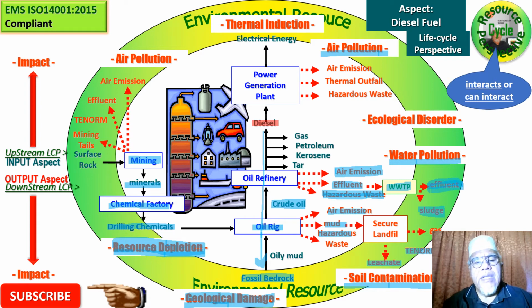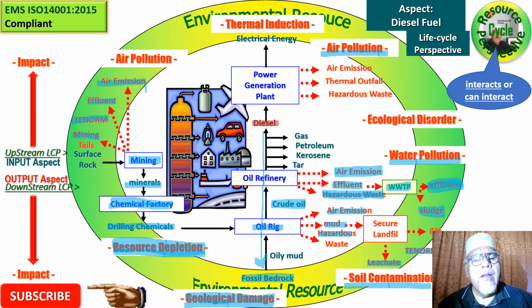Chemical factory is an environmental aspect. Chemical production is an activity, it's not an environmental aspect. So mining here, look, what have we got? Mining tails. These are where TENORM can be found, and you've got effluent from mining, air pollution from mining. All these air emissions are environmental aspects, effluent, TENORM, mining tails.